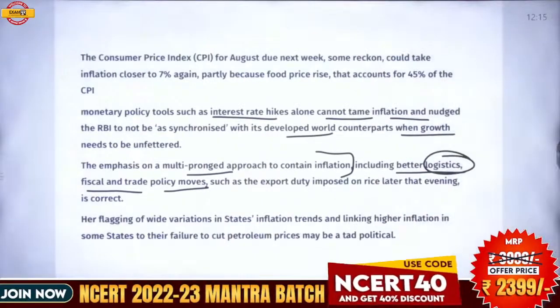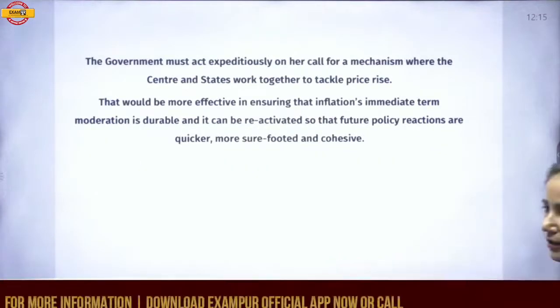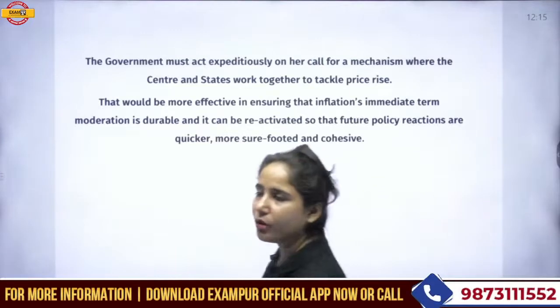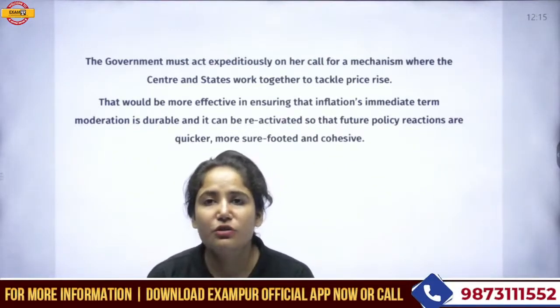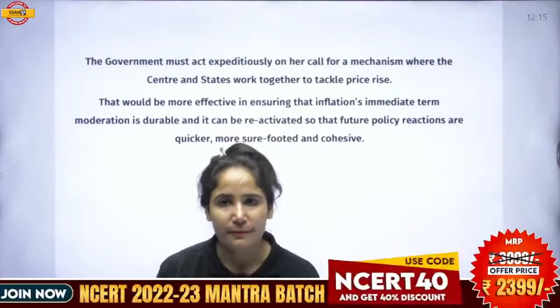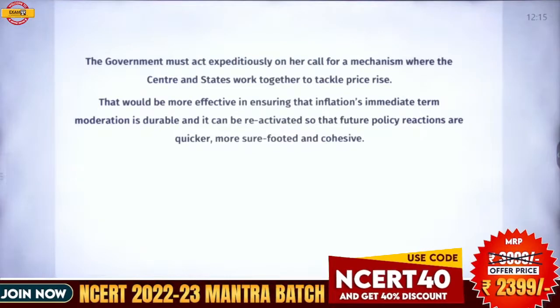Fiscal policy can have control on that aspect. Higher inflation in some states failed to cut petrol prices, but you are already aware that petroleum prices are controlled by the international market. Middle East countries supply it for very basic reasons.